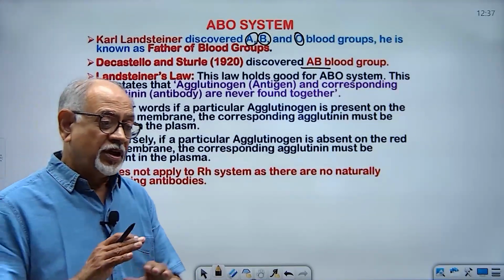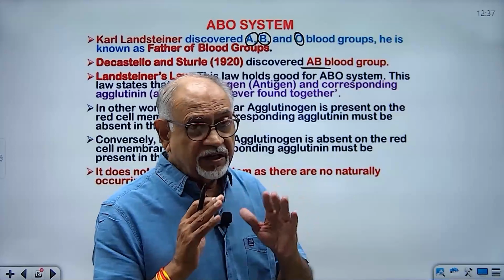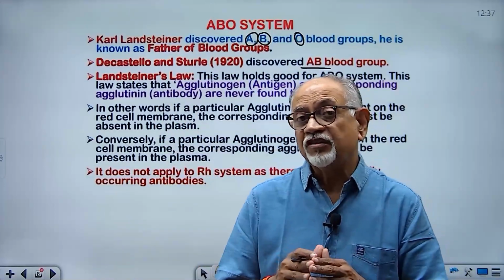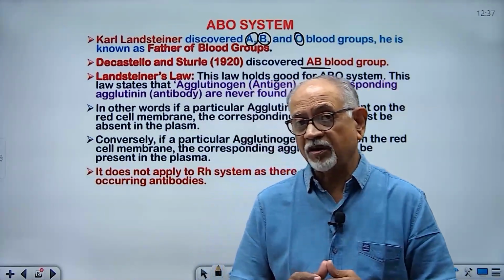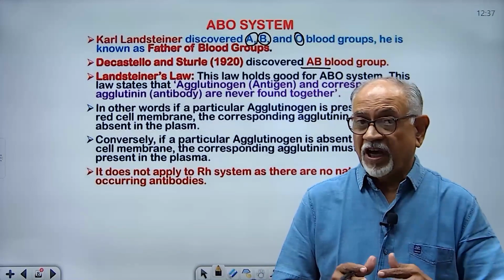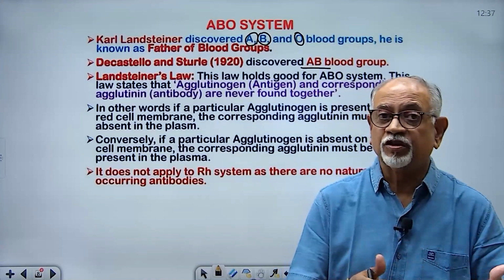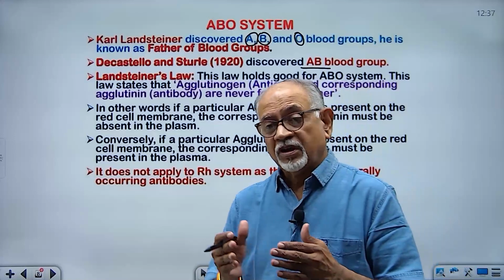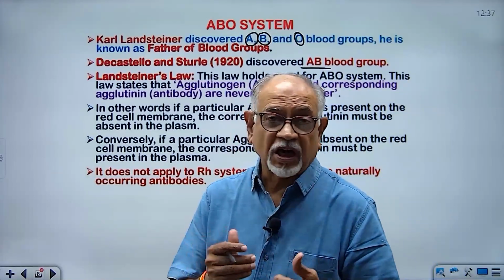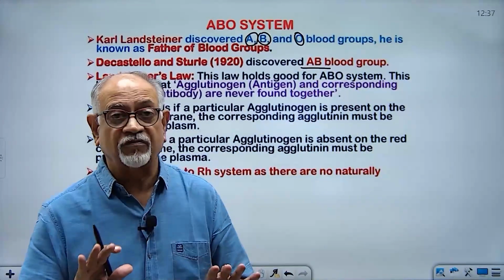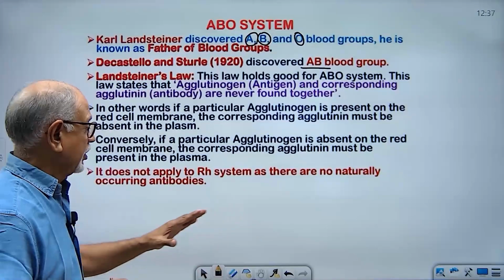But if antigen for RH is not present on the RBC, as per ABO system, there should be an antibody for RH, but it is not present naturally.